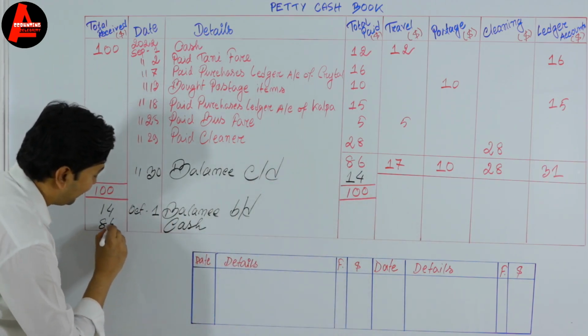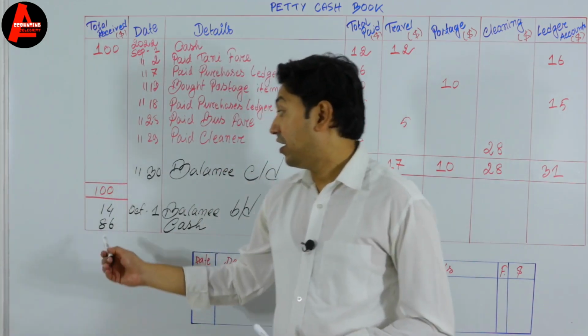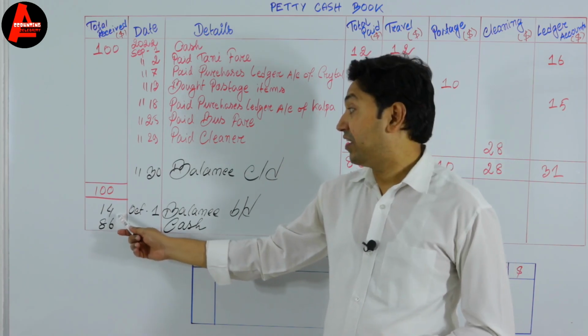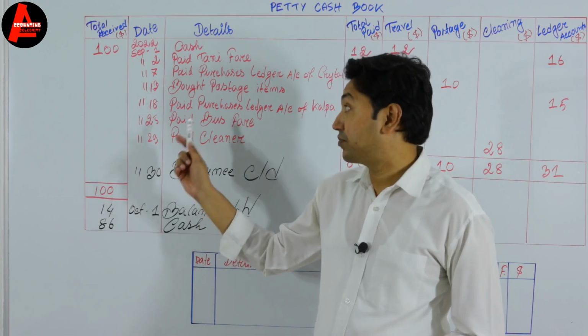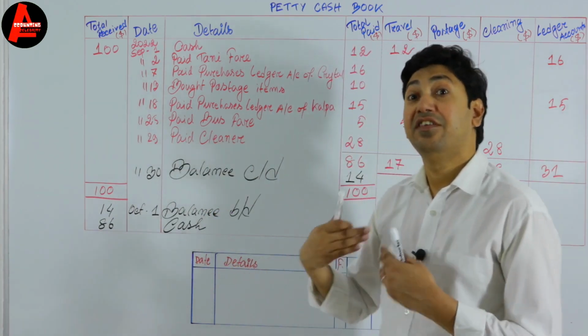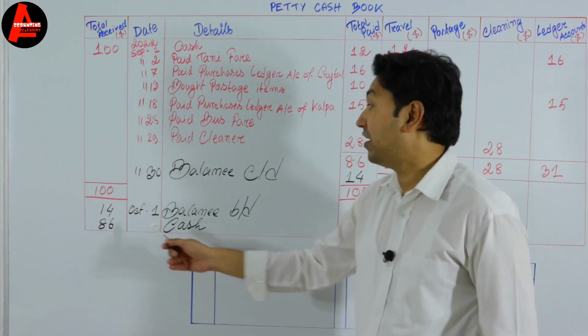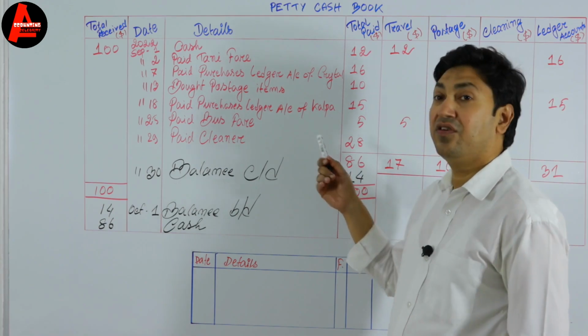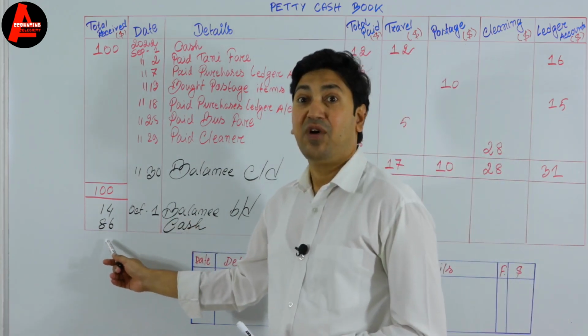$86. Now you see the petty cash for Rashid, $100. $14 he brought down from the last month, from the month of September, and $86 he restores once again. Why? Because this amount he spent for the month of September. So now he will have $100.